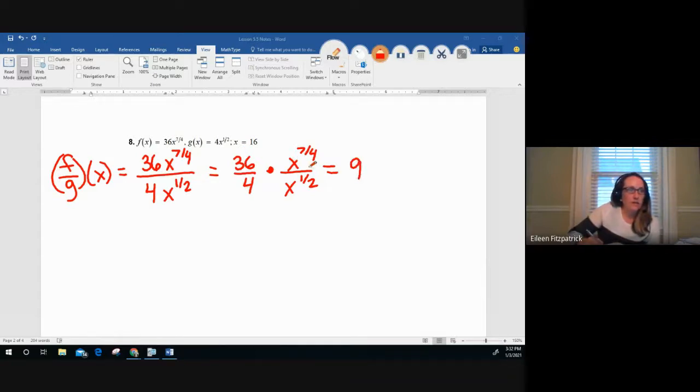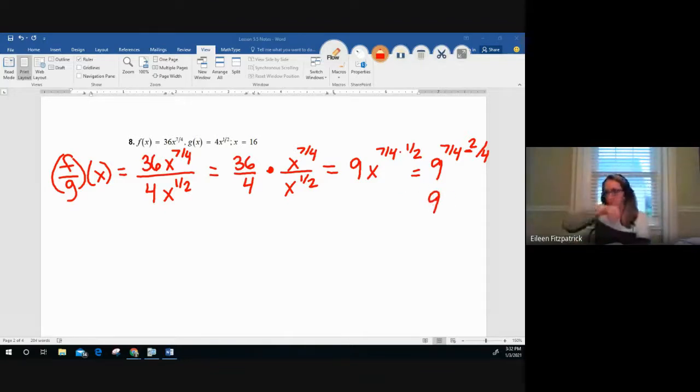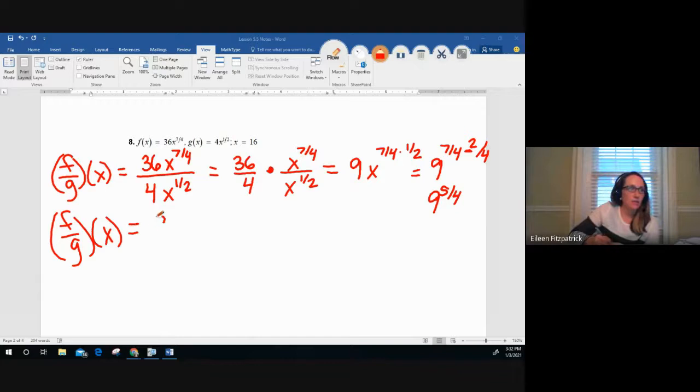And then same base, subtract exponents, x to the 7/4 minus 1/2. Get common denominators. So it's going to be 7/4 minus 2/4. So you're going to have 5/4. Okay, so f divided by g of x is equal to 9. Oh, I forgot my variable. Where did my variable go? 9 times x to the 5/4.